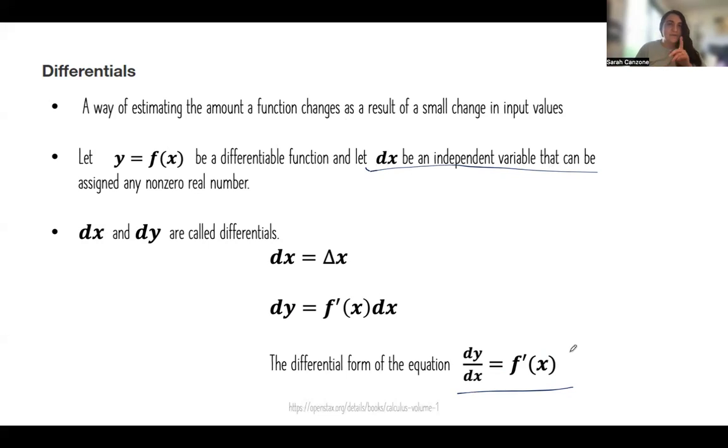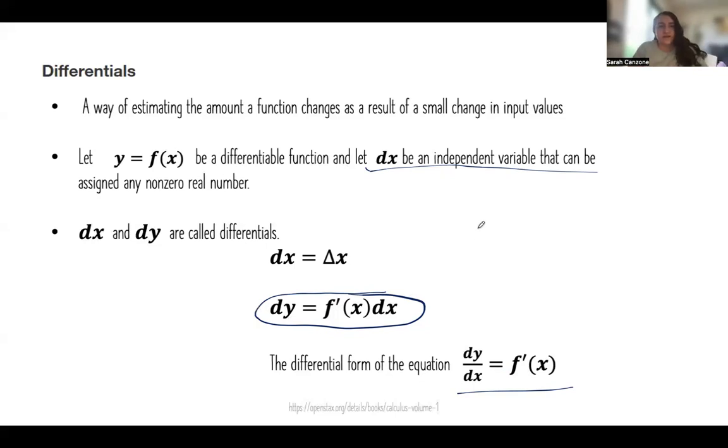Now you can't separate the d and the y or the d and the x, because that is just indicating what it is that we're looking at. But dy and dx are two separate things. So what you can actually do is multiply the dx to the other side. And what we have is that dy equals f prime of x times dx, where dx is the change in x and dy will be like the change in y almost. So this is the idea behind a differential.